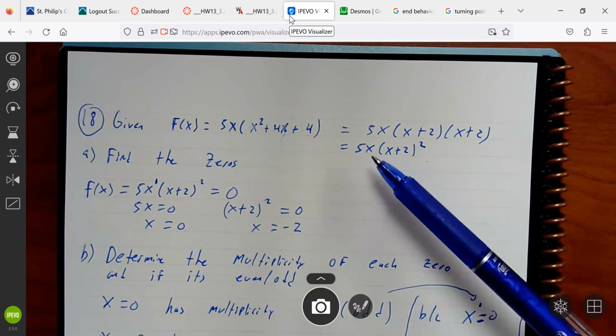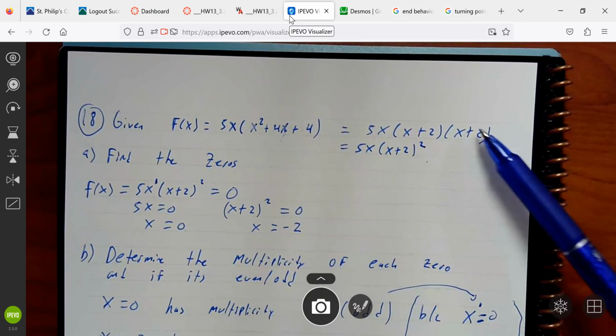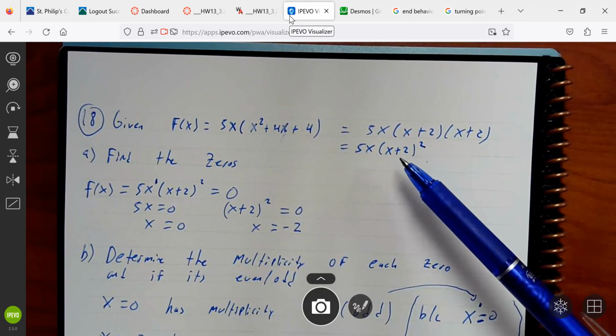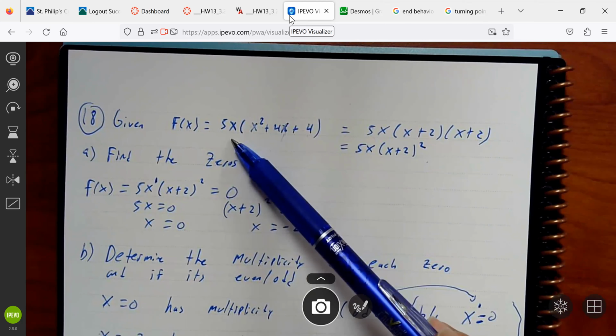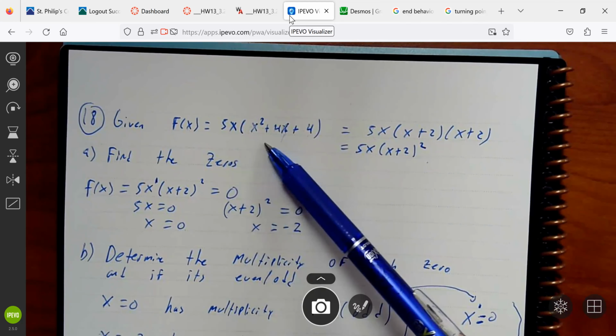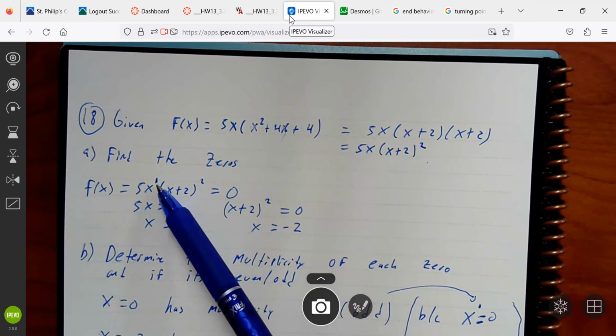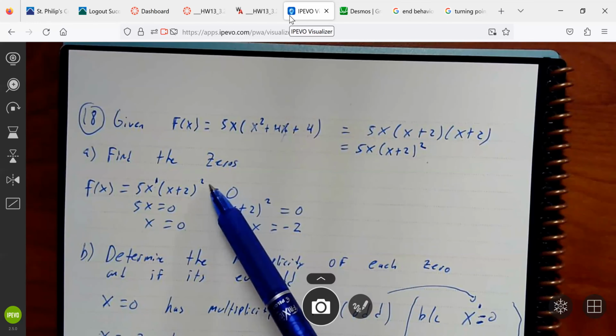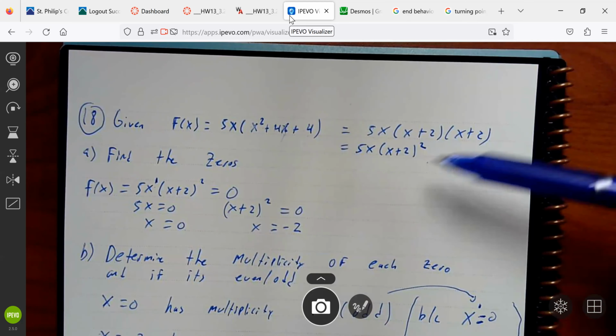Here we have 1, so 1, 2, 3. The number of factors can kind of help you count to the degree. We got a quadratic times a linear, so we should add one more if we were to multiply it out. But you can just count them. If I had 3 of these and 2 of those, then it would be 5. If you didn't know that, you would have to multiply everything and then figure out the biggest power. So it's easier to just add them up yourself.